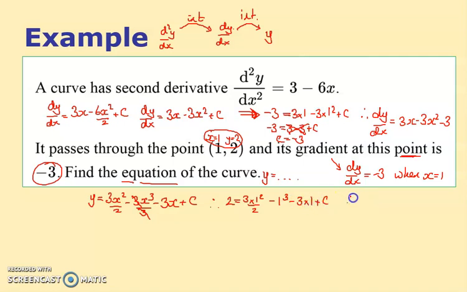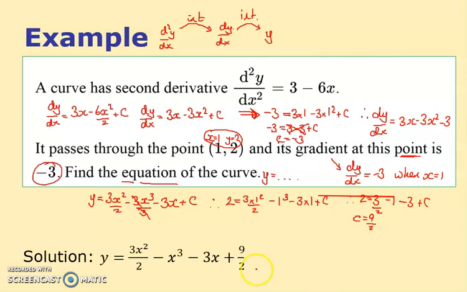So the different way, 2 equals 3 over 2 minus 1, minus 3 plus a constant. 3 over 2 is 1.5, minus 4 is minus 2.5, which when I move it over is 4.5. I reckon c is 9 over 2, but I'll soon find out. It was 9 over 2.